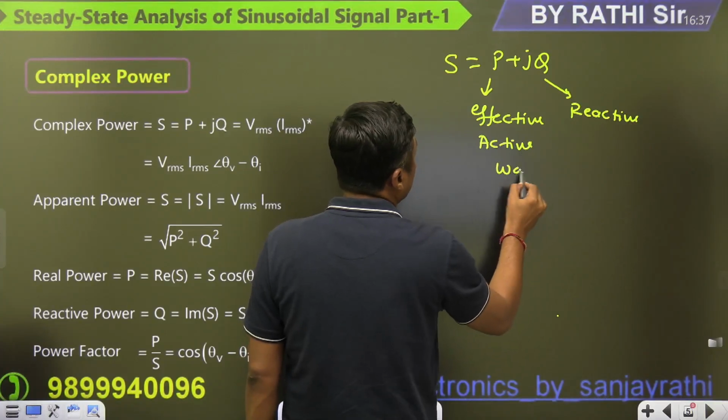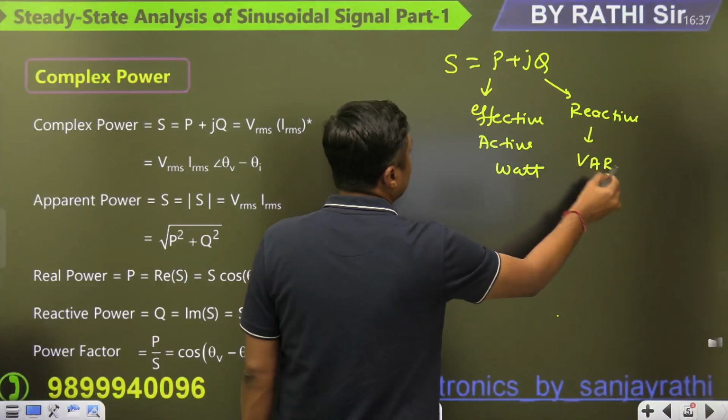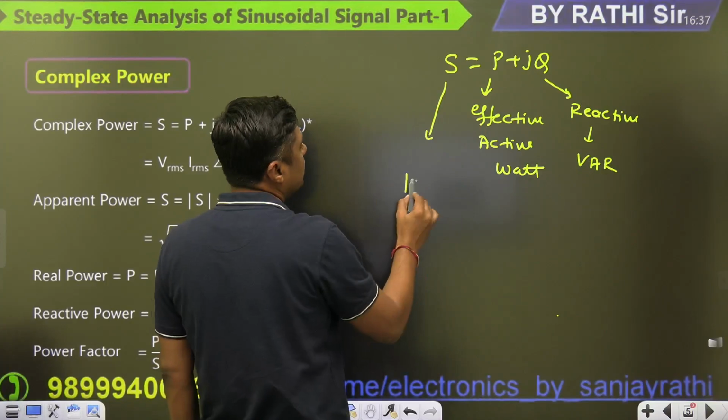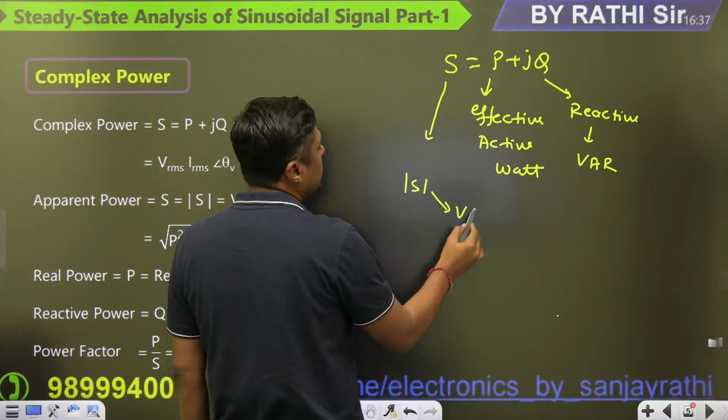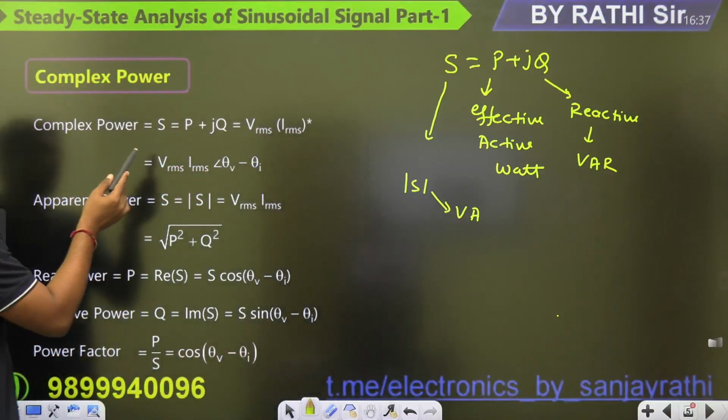Its unit is volt ampere reactive, and the magnitude of that gives the apparent power. Unit is volt ampere. So this is the complex power.